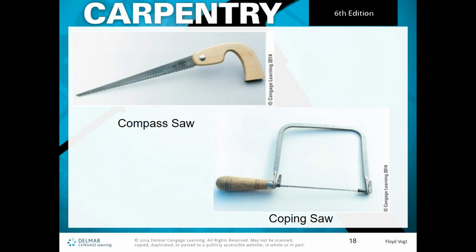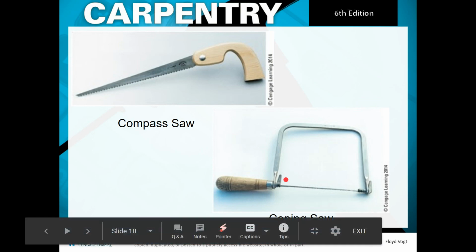We'll be going over how to cope if you get to that point. Generally, the coping saw blade is very thin because you're going to make more ornate cuts with it. And again, we'll go over that more in lab.